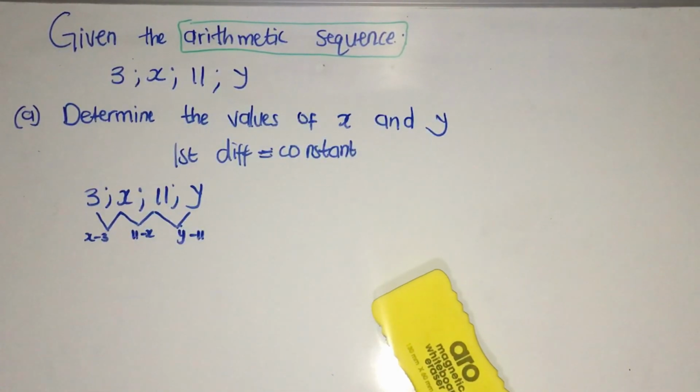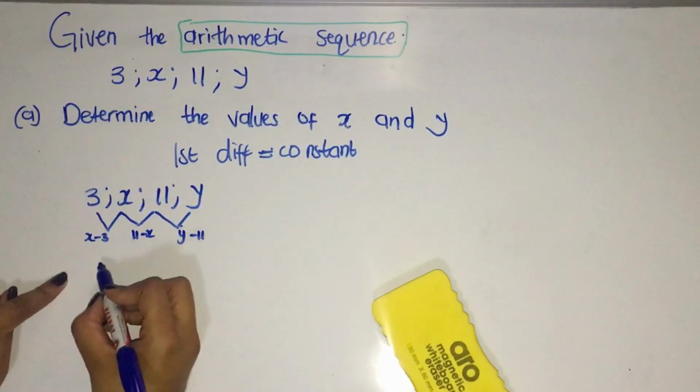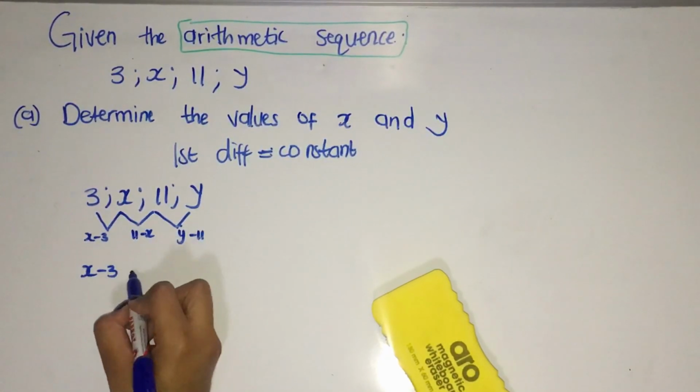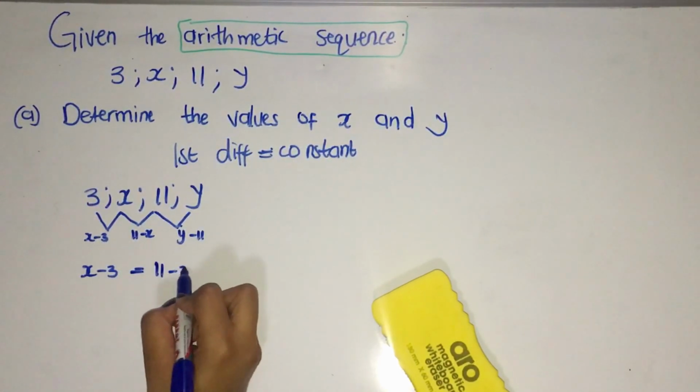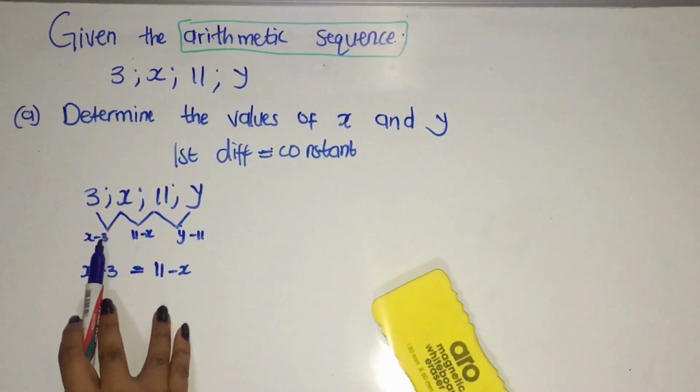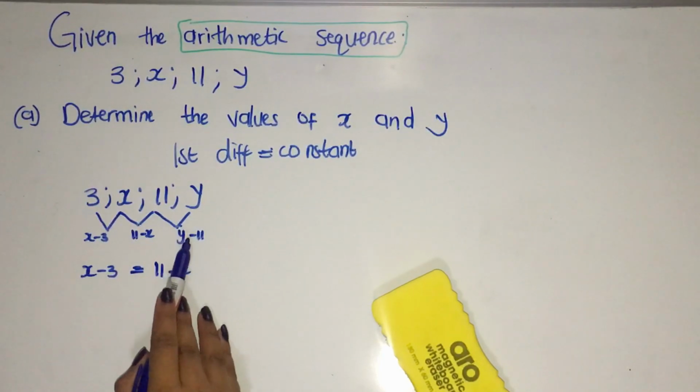However, we do know that our first difference is constant. So therefore, x minus 3 is the same as 11 minus x, right? This is the same as that and that.